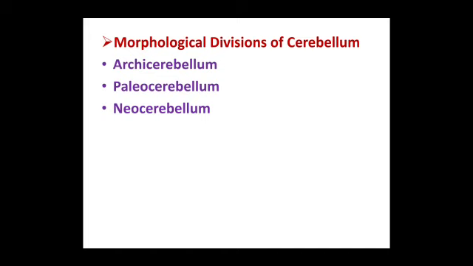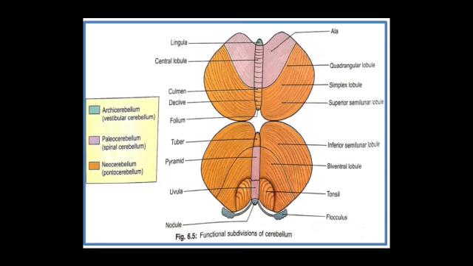The morphological divisions of cerebellum: it is divided into archicerebellum, paleocerebellum, and neocerebellum. The archicerebellum, depicted in green, is the nodule and flocculus along with the lingula.